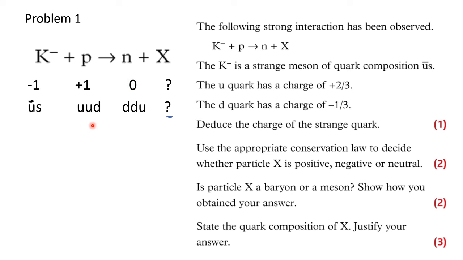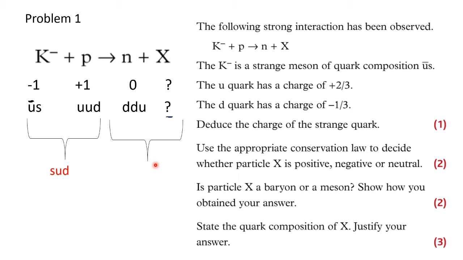You must remember the quark composition by memory, right? Now the left side quark composition and the right side quark composition should be the same. So let's take this. The u bar cancels out with one u. So what is remaining? sud is remaining on the left side.